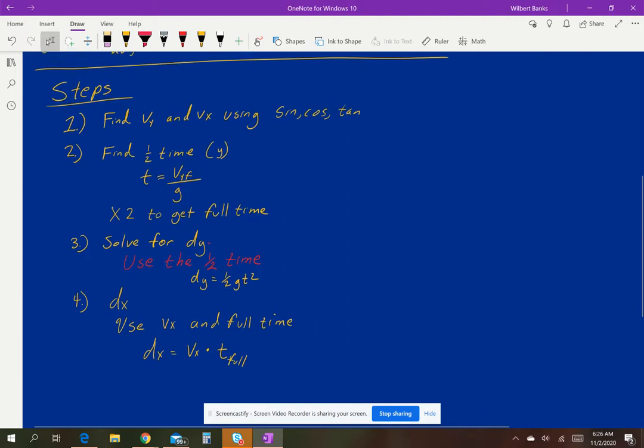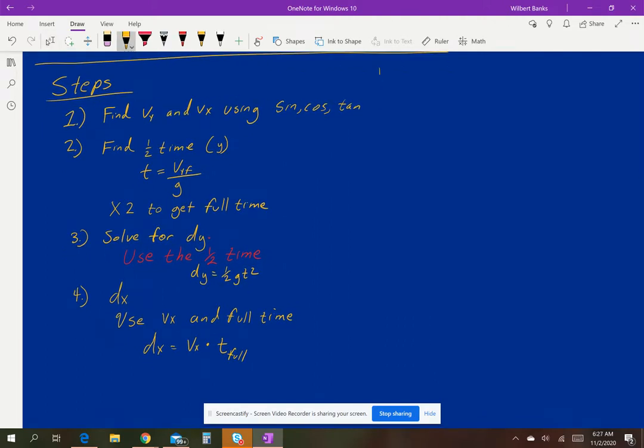Some things that you also need to know that are important is that Vy, okay, increases over time as it goes down. It decreases going up.